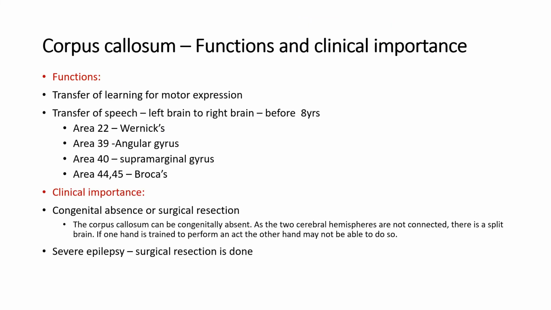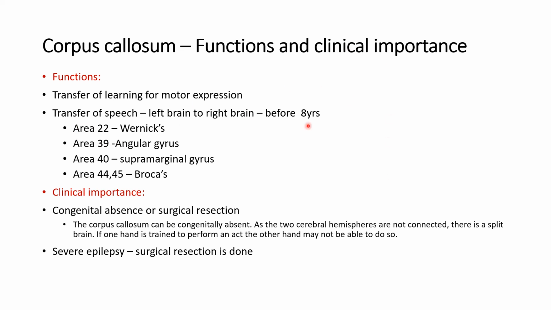Now let us see the functions and clinical importance of the corpus callosum. It is involved in transfer of learning for motor expression, because the primary function of the corpus callosum is to integrate the sensory, motor and cognitive information from the homologous association areas in the two cerebral hemispheres.